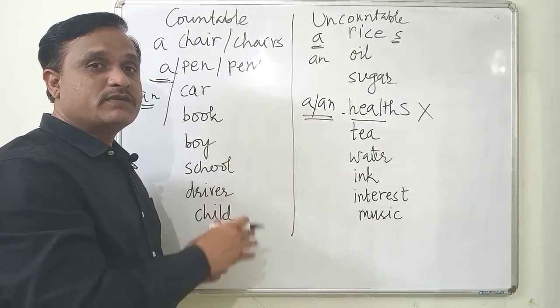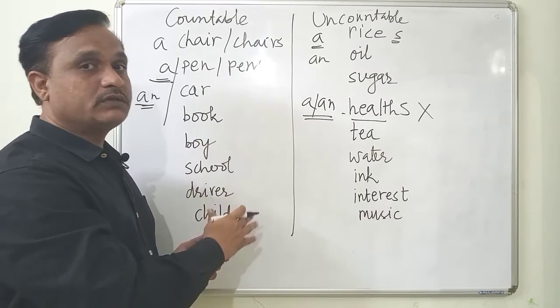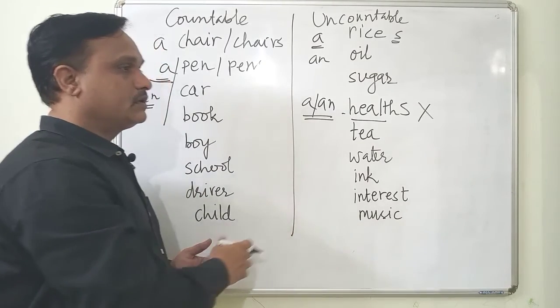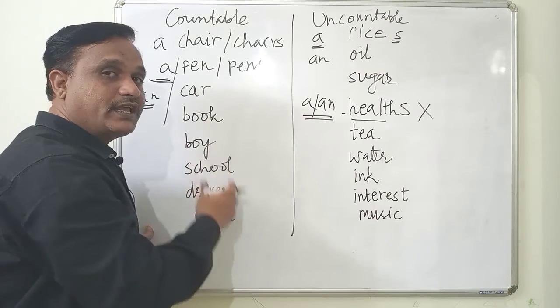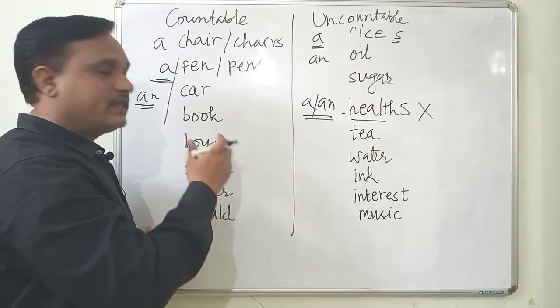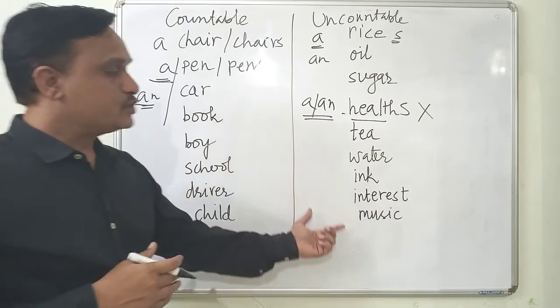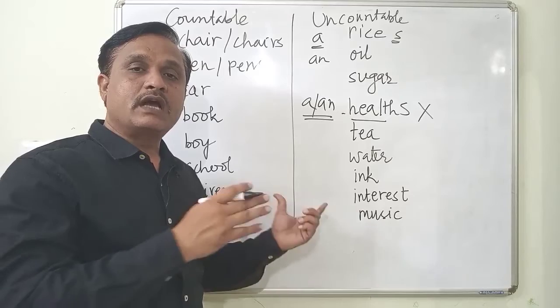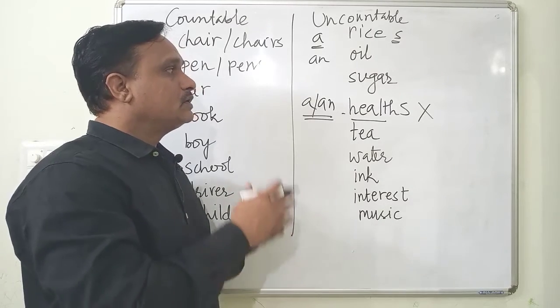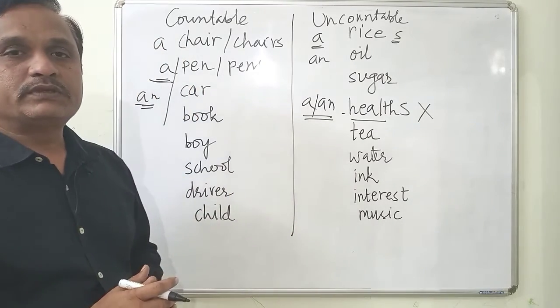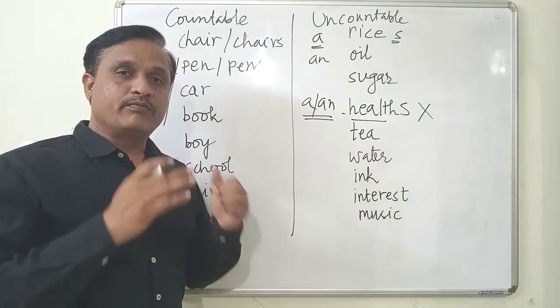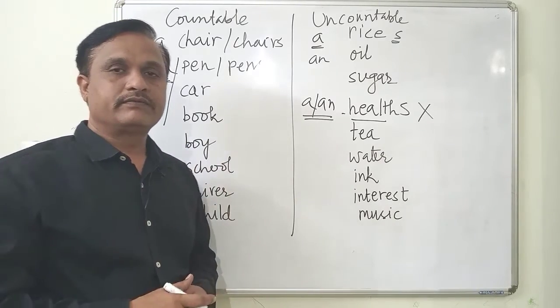So here, friends, you must have understood why we are studying countables and uncountables. We need to take a or an when the noun is singular and countable, and we should not take a or an when the noun is uncountable. So let us study some examples to understand it better and in detail.